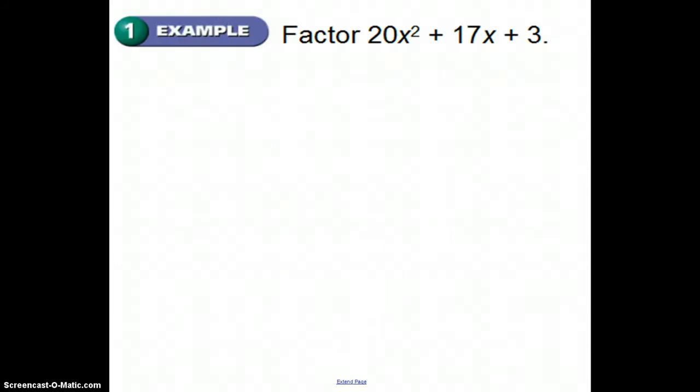Okay, in this problem, factor 20x squared plus 17x plus 3. So I can tell by looking at these, no greatest common factor at all. And I would go ahead and start figuring out my path here. So it's a case 1, which means it has a sum of 17.